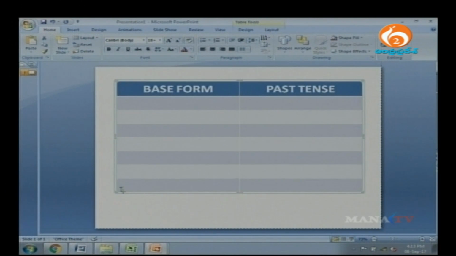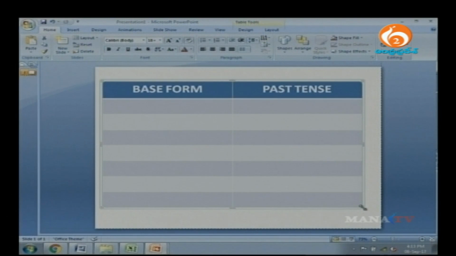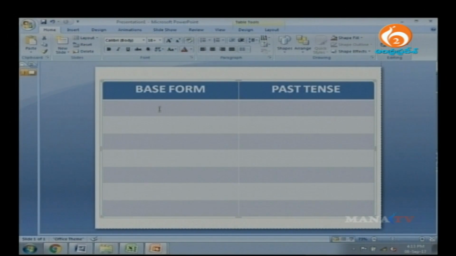Okay. Let me expand this a little bit. Those who are watching on television or those who are watching on YouTube, it will be easier for you to view this. All right. Say for example, I have the word which is eat. Okay.